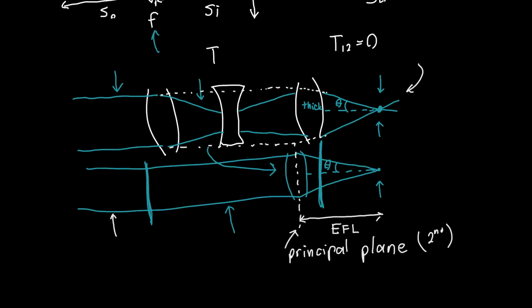So in this imaginary thin lens system that we've created, the rays are actually parallel until they hit the principal plane, and then they start to converge. So that's how we're going to figure out where exactly this principal plane is, because it's just going to be the intersection point of these outgoing rays and the incoming parallel rays.